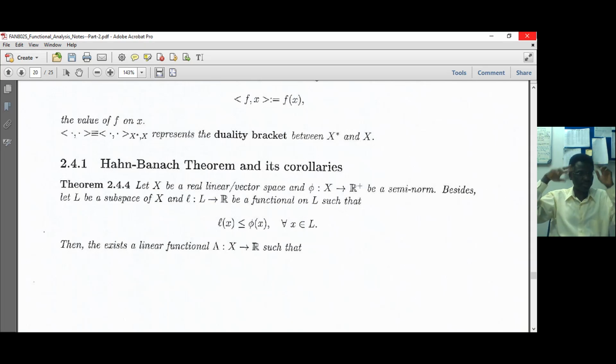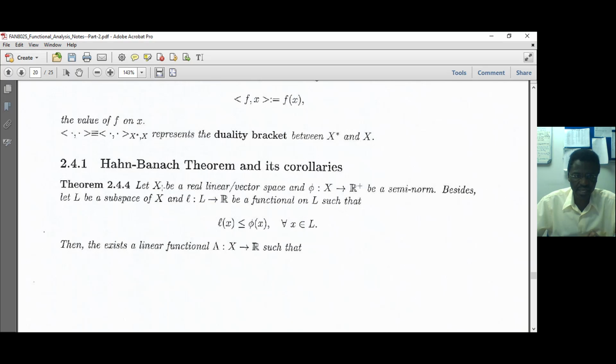I mentioned that previously. The Hahn-Banach theorem is similar, but there's a slight difference. So let's look at the statement of the theorem.